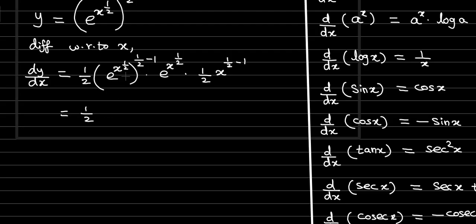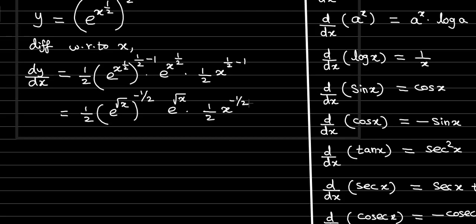We know power 1 by 2 can be rewritten as a root, so e power root x. Now 1 by 2 minus 1 is what? From 1 half, if you subtract 1, it is minus half, minus 1 by 2. And here again x power 1 by 2, I'll write as root x. Now we have 1 by 2 here, and x power 1 by 2 minus 1 is minus half.